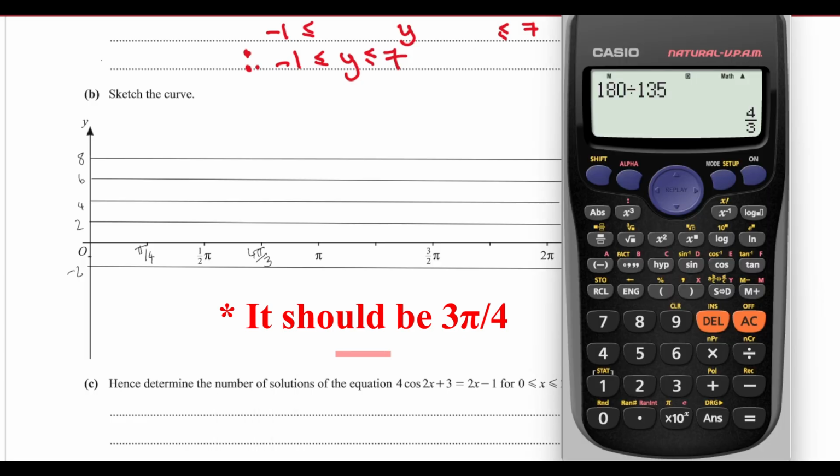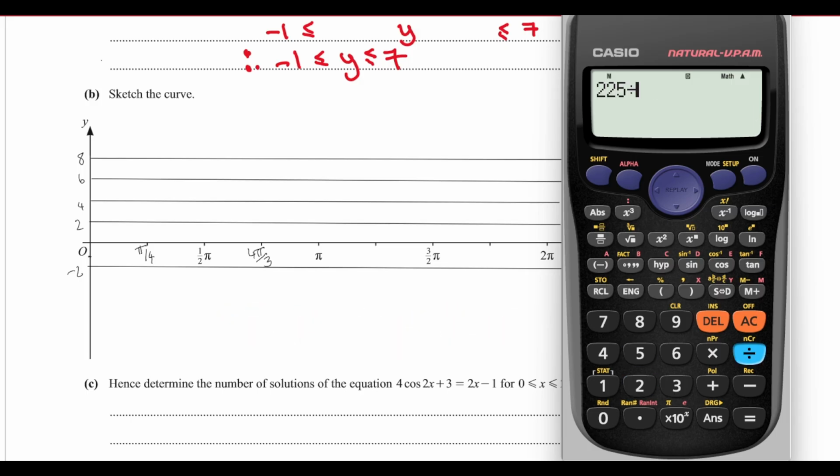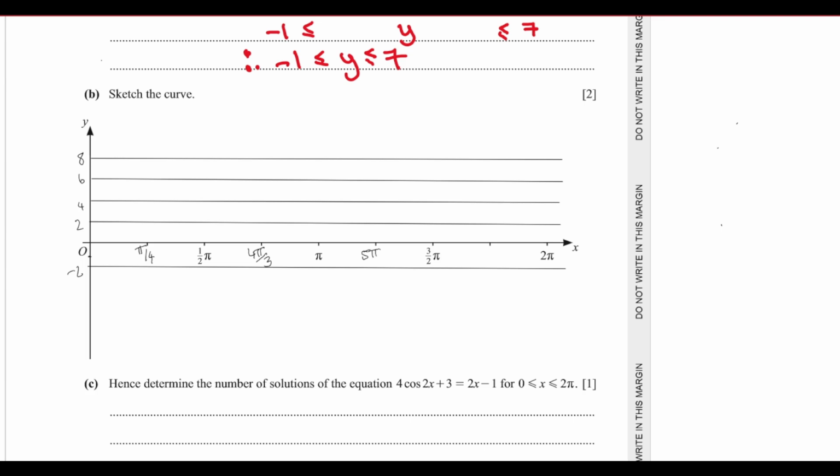Next, that is 225 degrees over there. Sorry, I think in terms of degrees a lot. So that's 5 pi over 4. 3 pi over 2 over there, so that's 270.